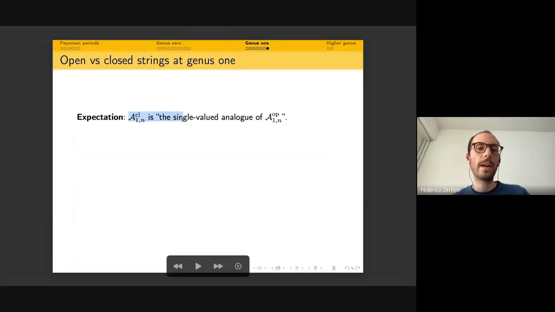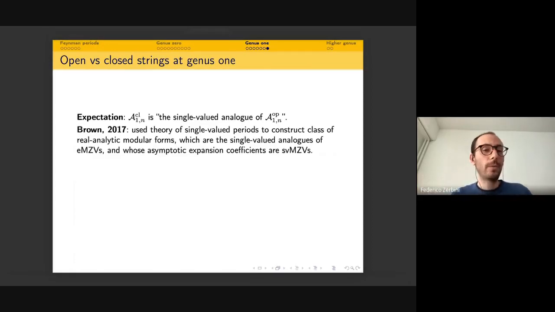So you have this single-valued machinery, and you should be able to apply this to a motivic version of this open string amplitude to obtain a single-valued closed string amplitude. But this is very vague, of course.